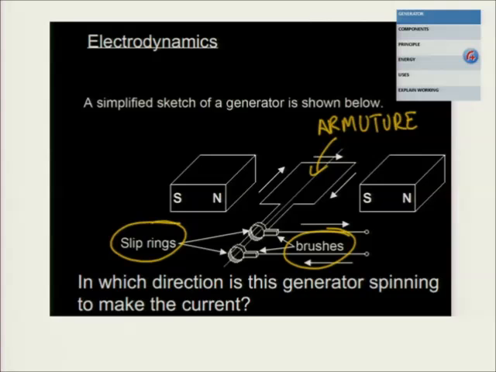Now I can work out in which direction I need to spin this generator if I want to induce a current in that direction through the armature. For this I will use my right hand rule. If you can focus for a moment here on my right hand, you will see the very same fingers, 90 degrees between each other: the direction of force, magnetic field direction, current direction.